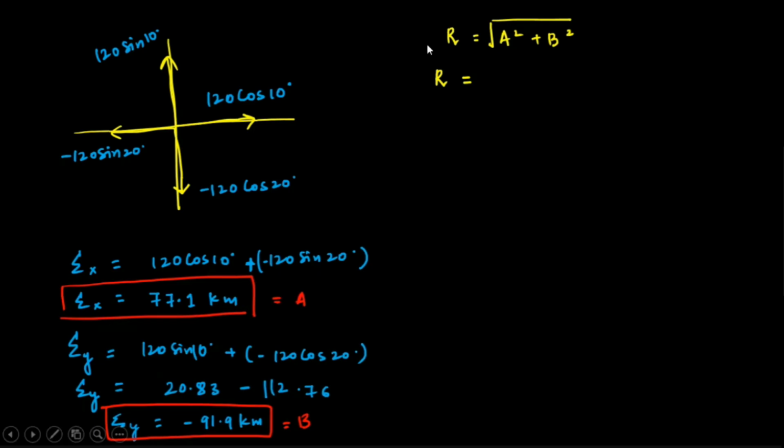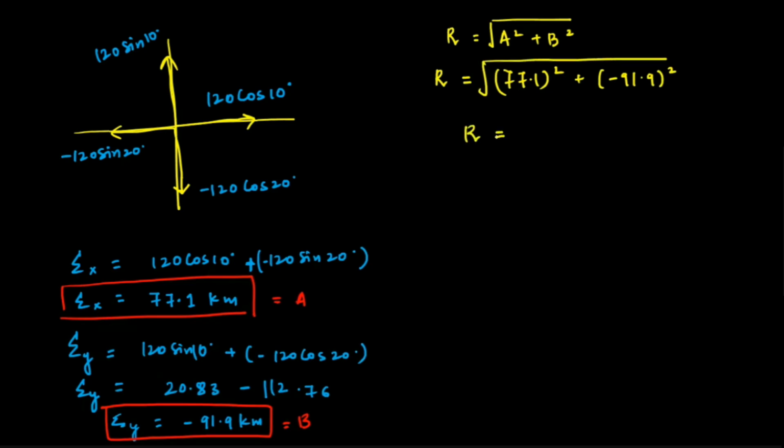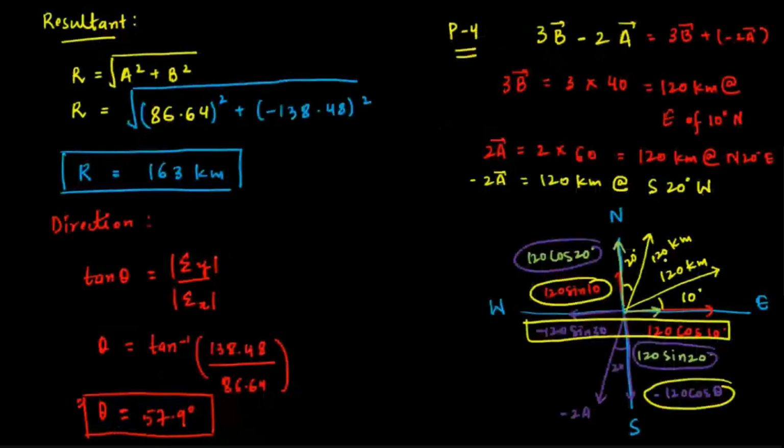A is going to be this 77.1 squared plus negative 91.9 squared, whole square root. So the resultant we'll get is approximately 120 kilometers, because as we know, these two vectors have a value of 120 kilometers only.